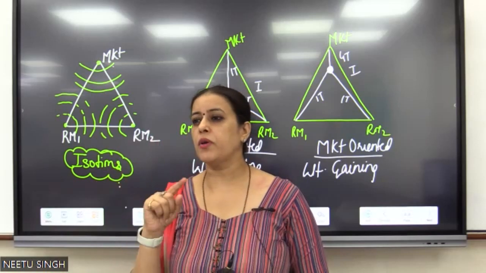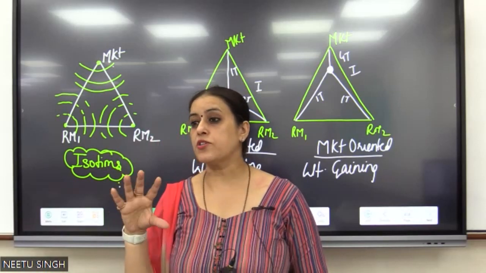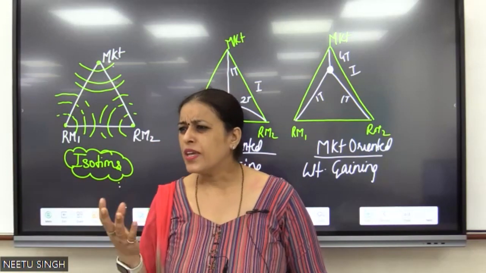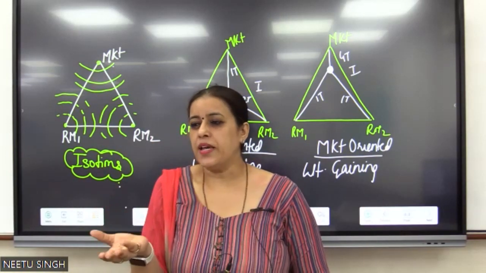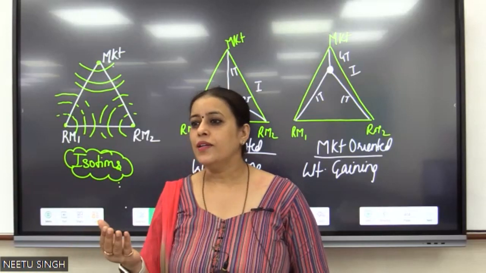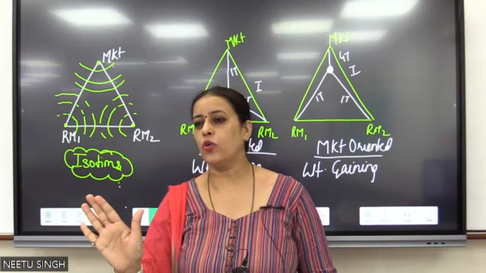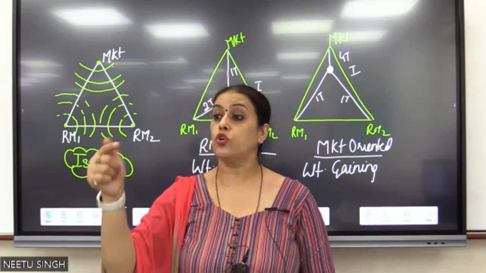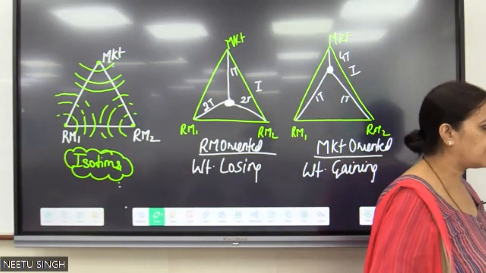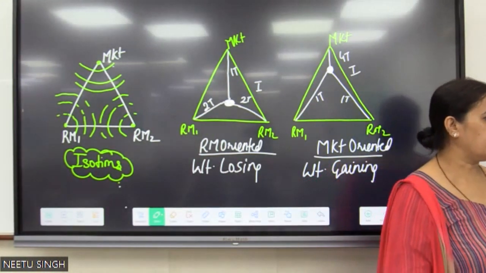The locational triangle is giving me one benefit: the distance to be traveled has been stabilized. So what exactly is determining the transportation cost? The weight of the commodity. That is how we say raw material oriented industry when it is weight losing, and market oriented industry when it is weight gaining. Is that clear with all of us?